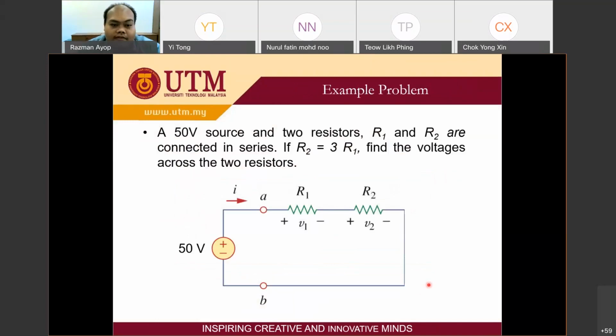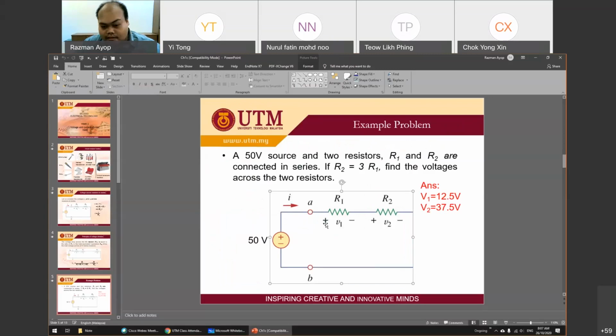To use the voltage divider rule, you can see here a 50 volt source and two resistors, this one and this one, connected in series. R2 is 3 R1. So what is the voltage across this and this? How do we use the voltage divider rule? So I copy this.